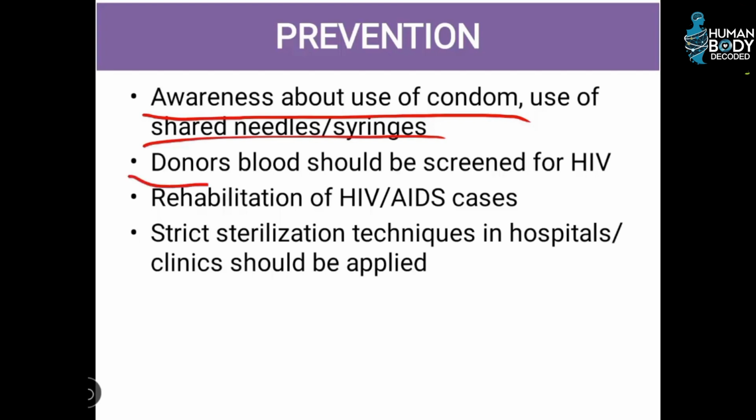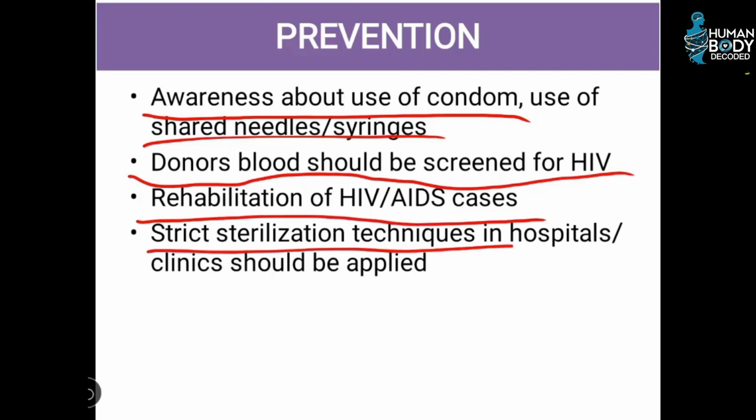If someone has HIV and donates blood to a healthy person, they will also get HIV. Third, rehabilitation of HIV cases. And fourth, strict sterilization techniques in hospitals and clinics. Whatever things are used in surgery or other places should be sterilized properly so the HIV virus in them dies and does not transmit to other people.